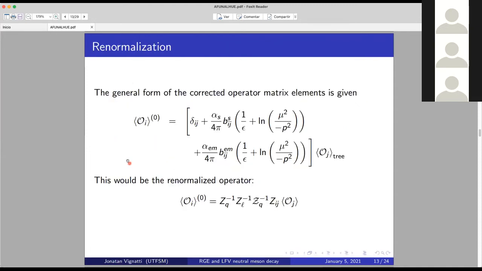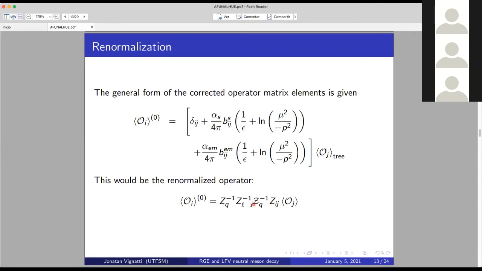The general form of the corrected operator matrix is given by this, and there we need to renormalize this operator. The renormalized operator is in function of this Z_q, the q again for QCD. It is from corrections to the fields.